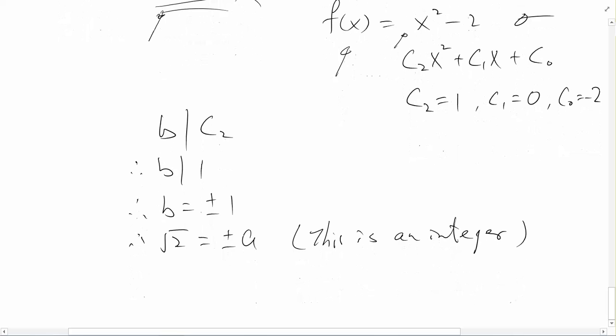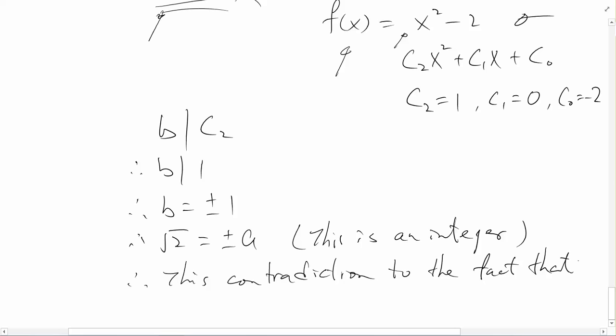Therefore, this is a contradiction to the fact that square root of 2 is not an integer.